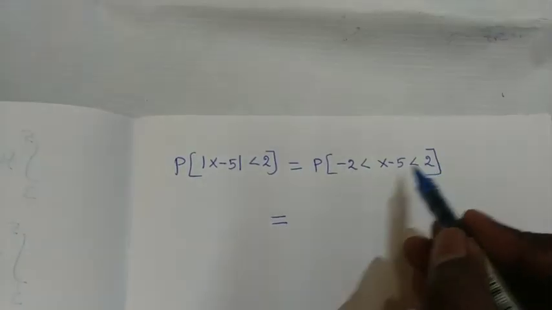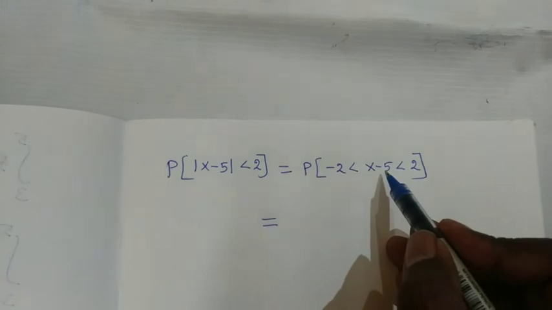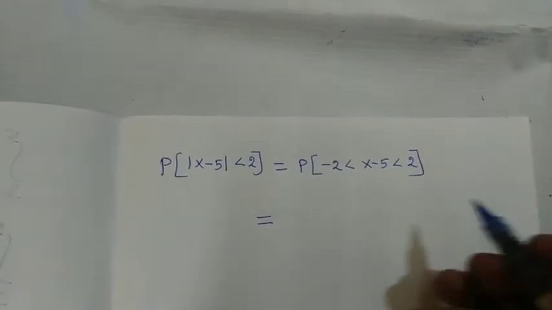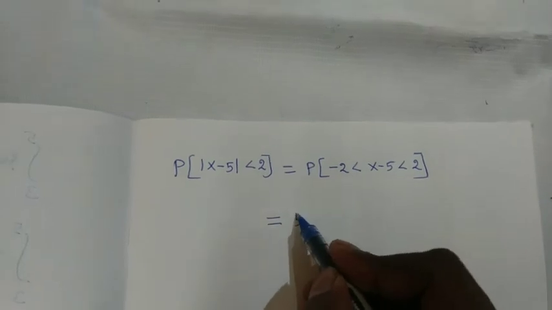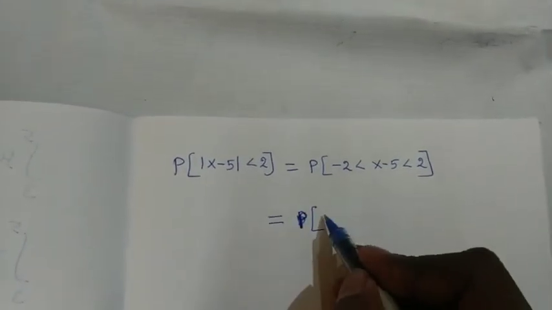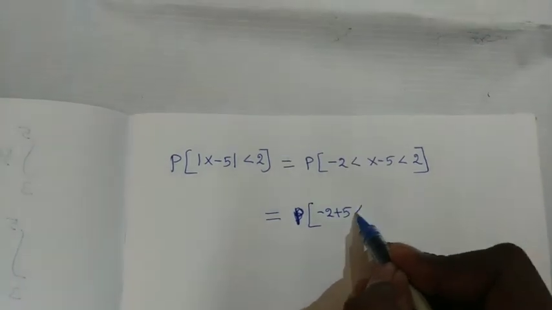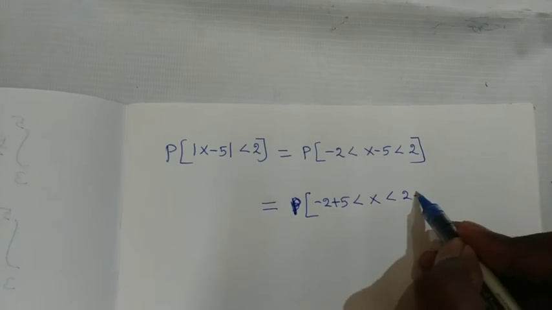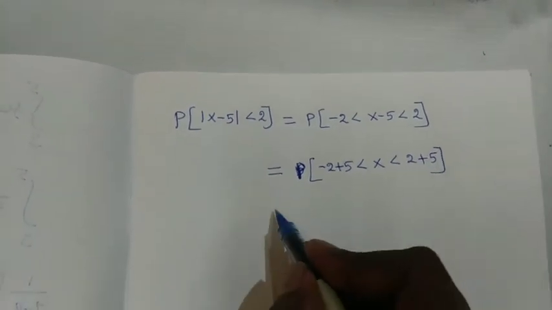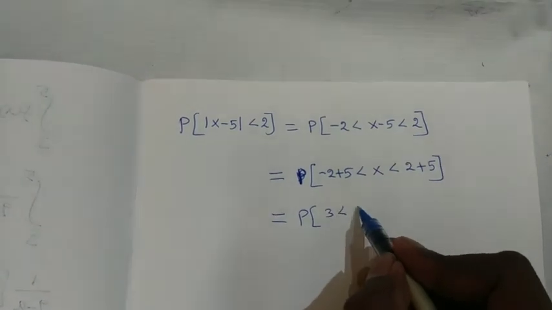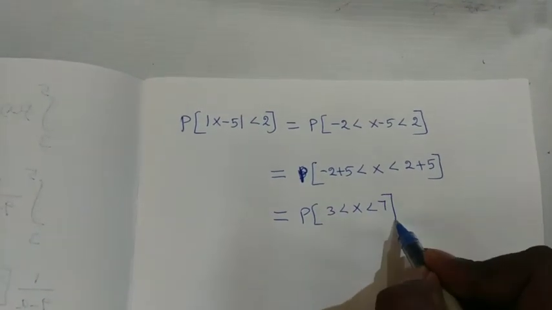But I want it in between x, and here it is x minus 5. So to cancel this 5, I am going to add 5 to each term. So -2 + 5 < x - 5 + 5 < 2 + 5, and the minus 5 and plus 5 cancel. So now the range becomes P(3 < x < 7).